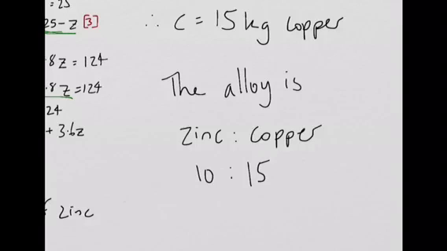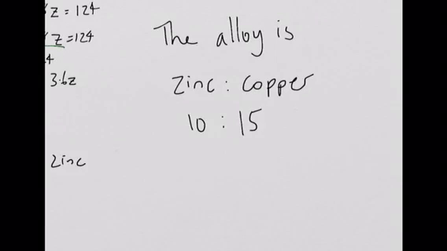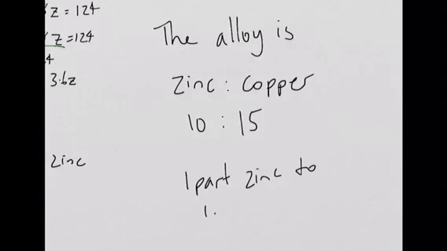You could simplify that and say 1 part zinc to 1.5 parts copper.